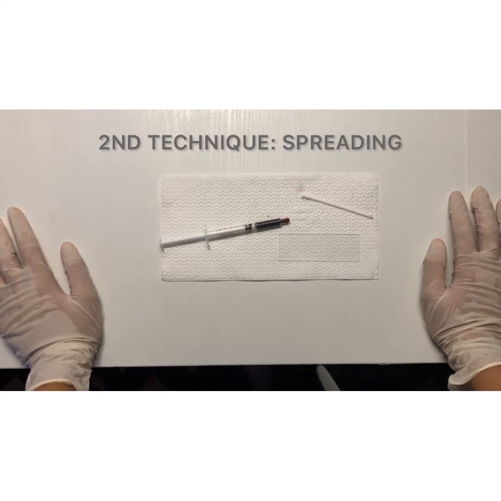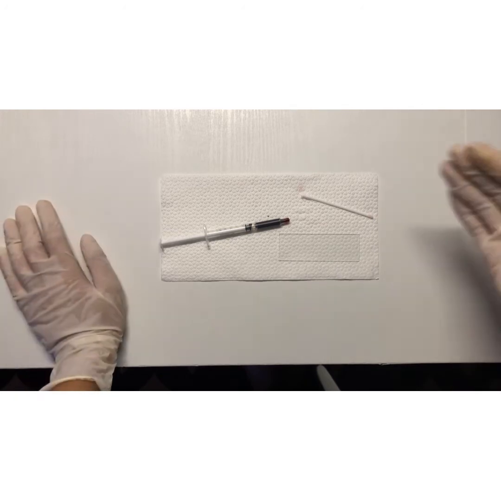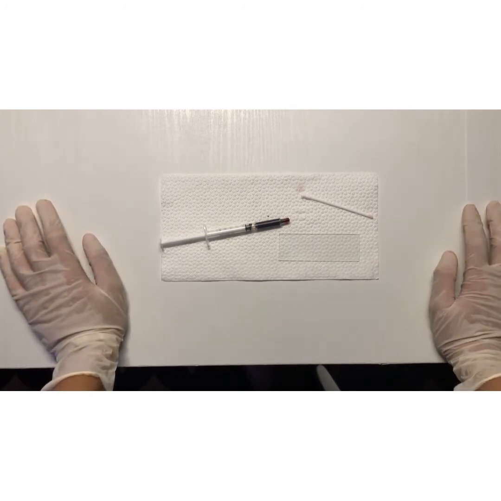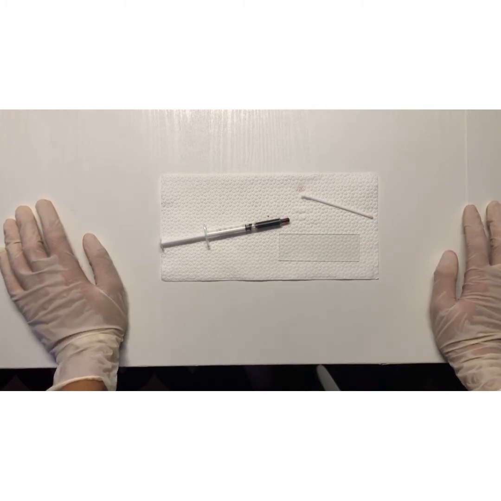The materials that I will be using are my specimen, an applicator stick, and a microscopic slide. So first, I will be transferring a small amount of specimen on one end of the clean glass slide.